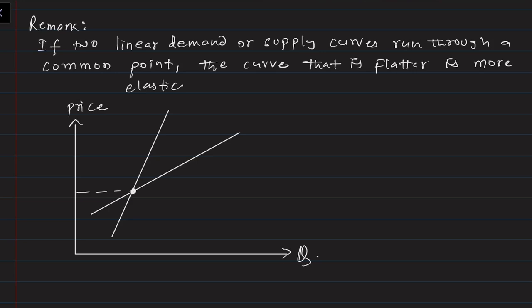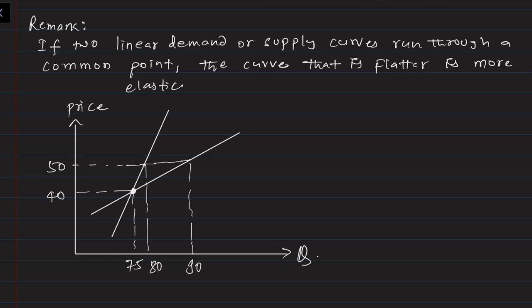Let's say the price at this point is $40 and the quantity is 75. Now let's increase the price. Let's say the price is $50 and the quantity is 80 units, but at the same price the quantity given by this curve is much larger. Let's say this is 90.